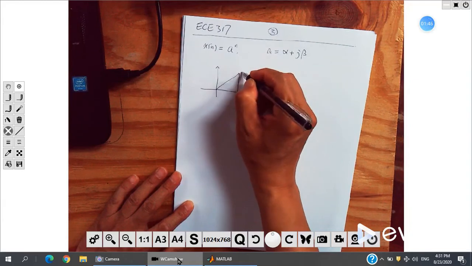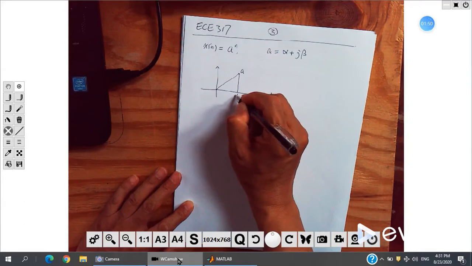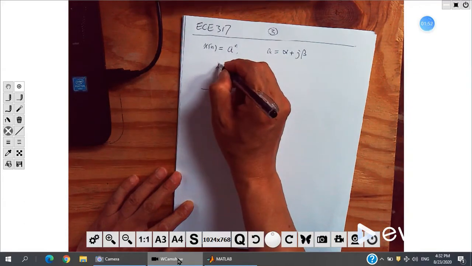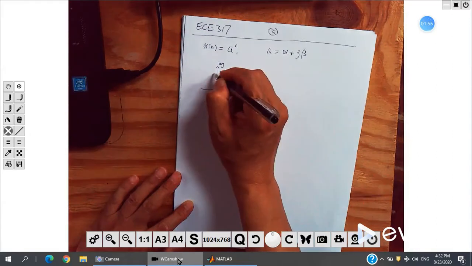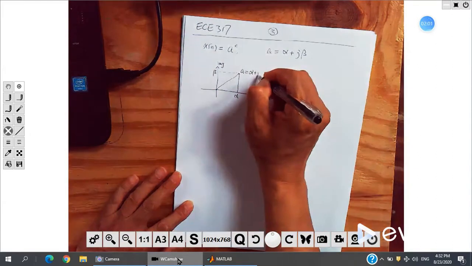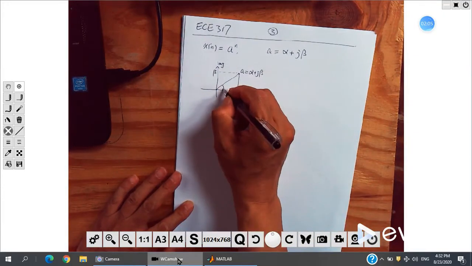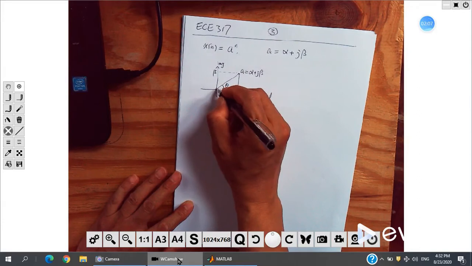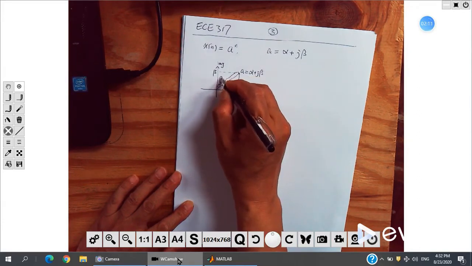This is A, then the real part is R, and the imaginary part is beta. So this is A, right? A is alpha plus j beta. Now we consider this one. Here's the angle, and the length of this bar is rho.